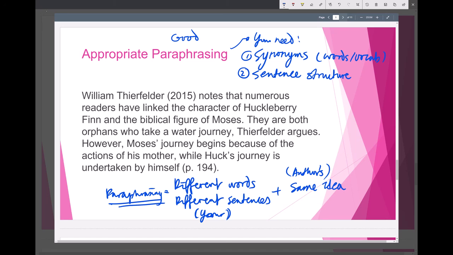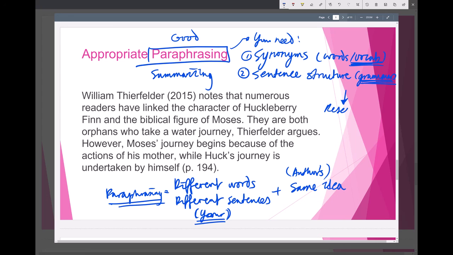They will be your words and your sentences. So the areas you want to improve on in your whole academic career is going to be your vocabulary and your grammar. So remember, in academic writing, checking grammar is the last thing you want to do, but you can use your vocabulary and your grammar to do this, paraphrasing or summarizing. And these skills are very useful for research and for arguments.